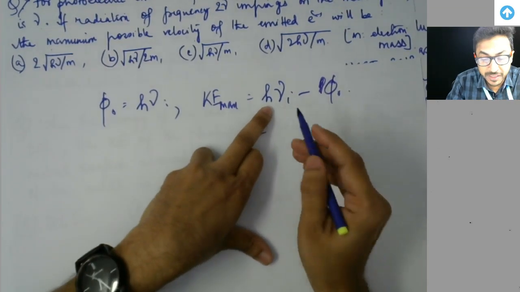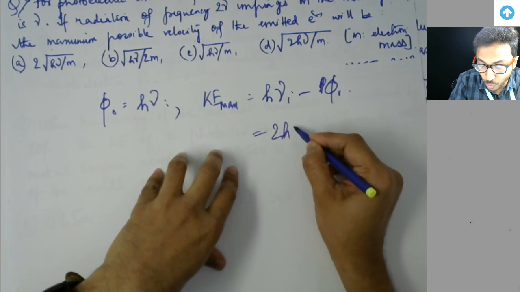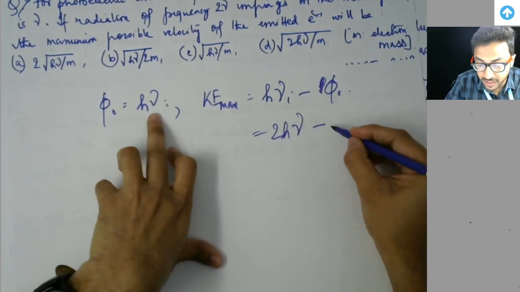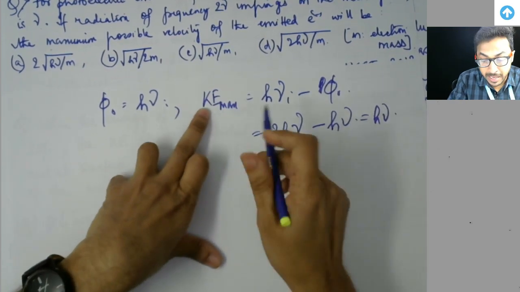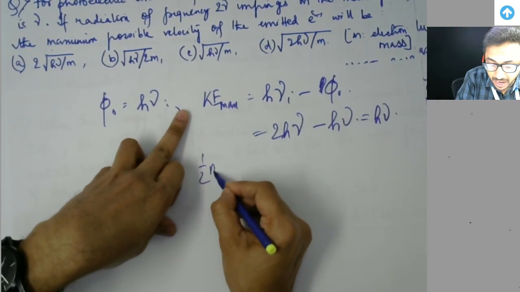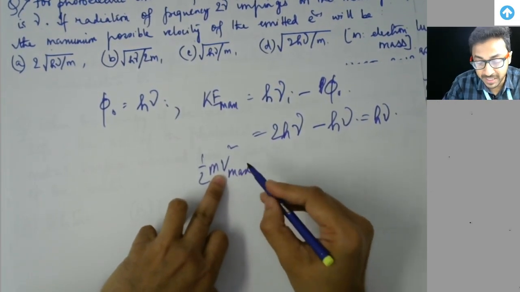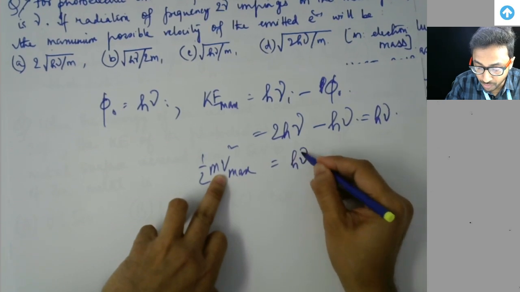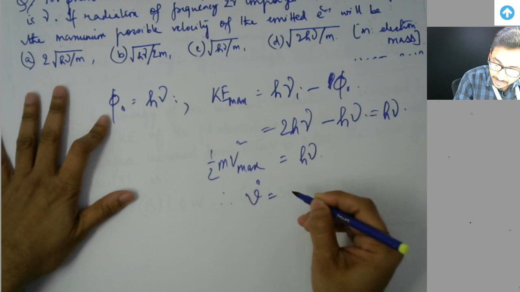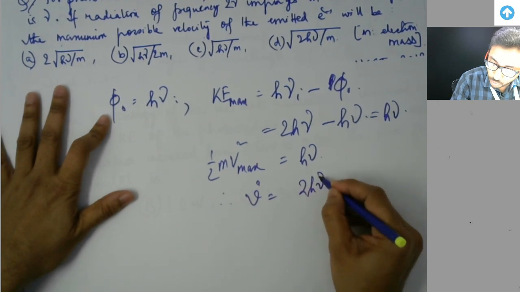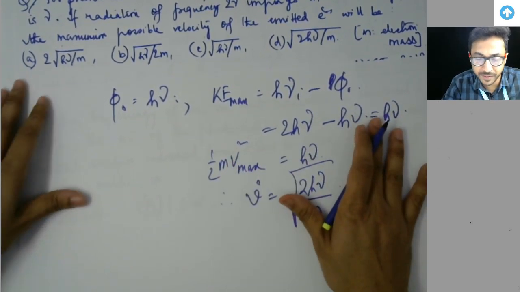For the energy of incidence, the frequency impinging is 2 nu, so it is 2h nu, and the work function is h nu. That is h nu. Now K_e max is half m into maximum velocity squared equals h nu. Therefore v is the square root of 2h nu by m.